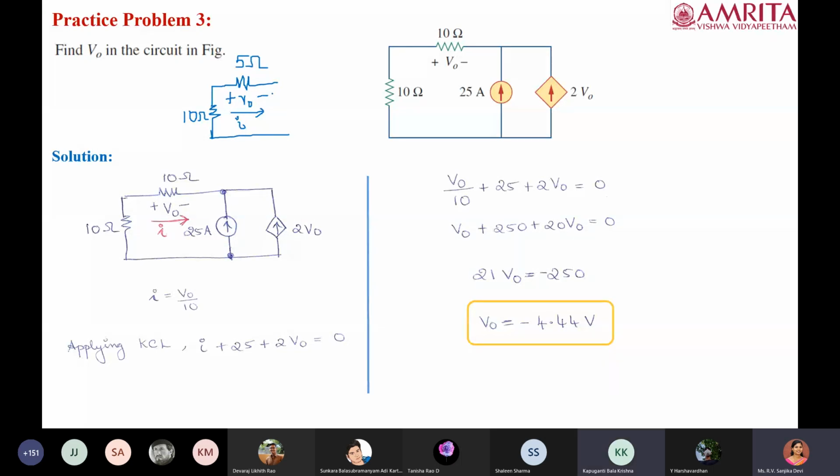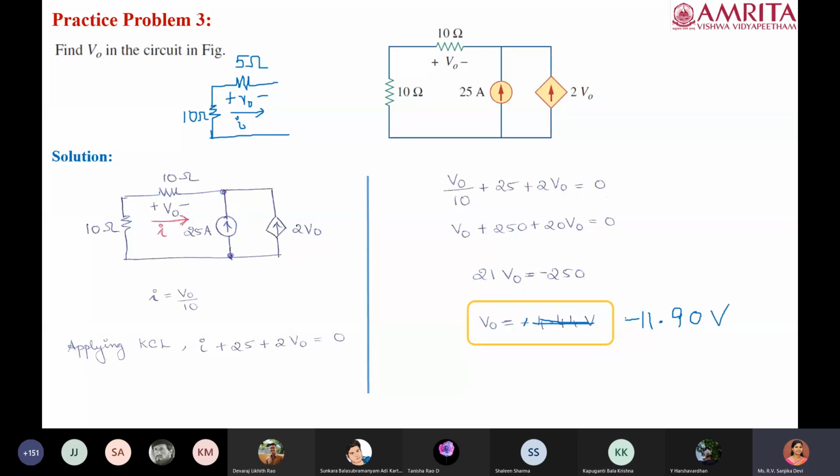Okay, there was a mistake, sorry. V naught is 250 divided by 21, not 4.44. I'll just take it as 11.90. Yes, 11.90, sorry.